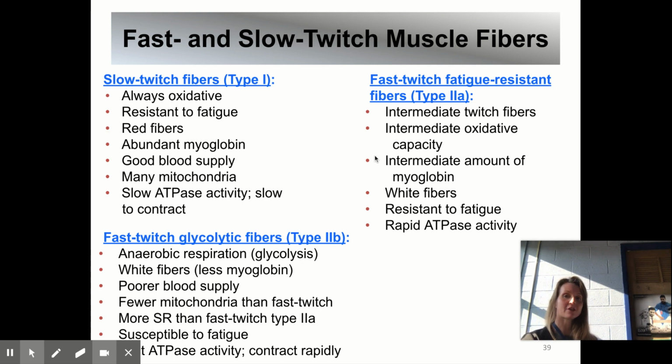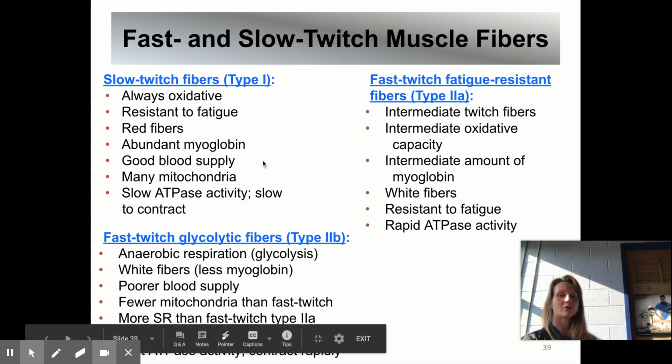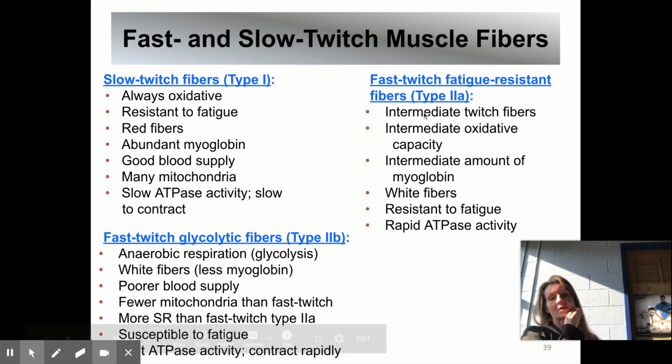We have two types of fast twitch muscle. So we have fast twitch fatigue resistant muscle fibers, which is kind of like an in-between between these two. All right, these are intermediate twitch muscle fibers. So they have some oxidative capacity. They do some aerobic, some anaerobic, all right? And they're kind of in between, using more myoglobin.